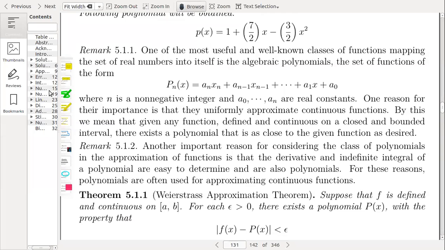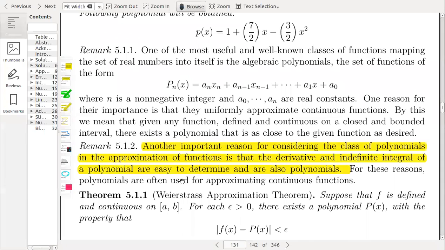So the derivative of a polynomial is again a polynomial, and the integral of a polynomial is again a polynomial.